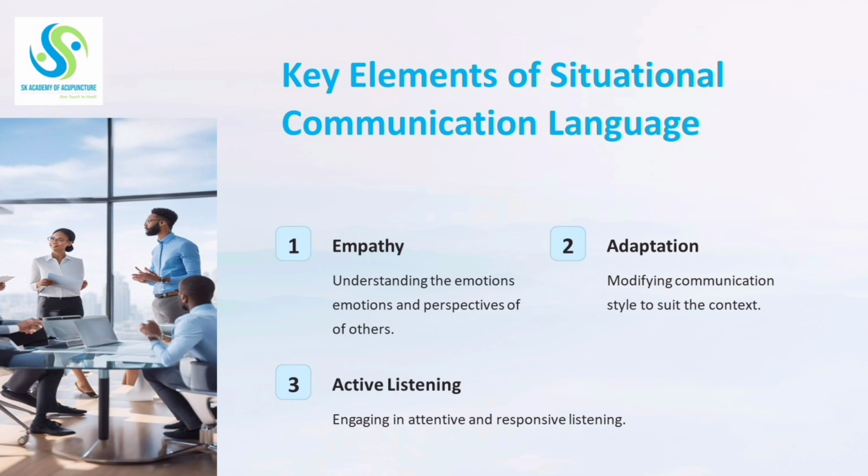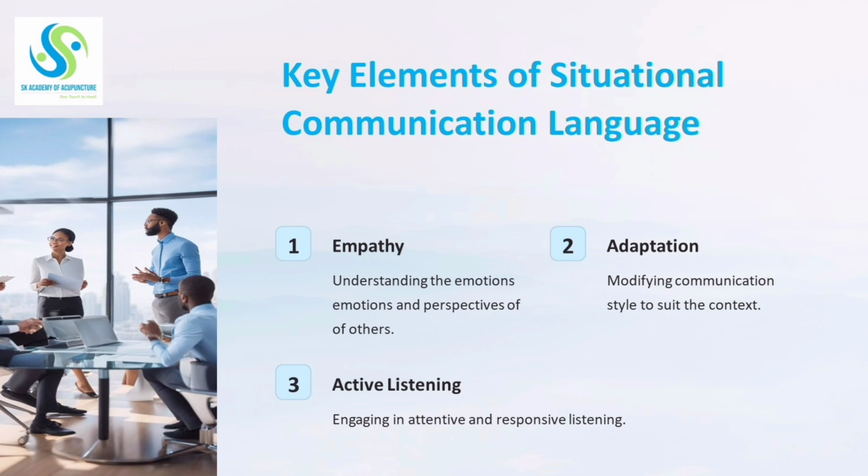Then you can choose appropriate tone, appropriate words, and your message based on the context. For example, if you are going to deliver something about education, you have to talk to the kindergarten kid in a different way, and deliver the same education content to a public exam appearing kid in a different way.